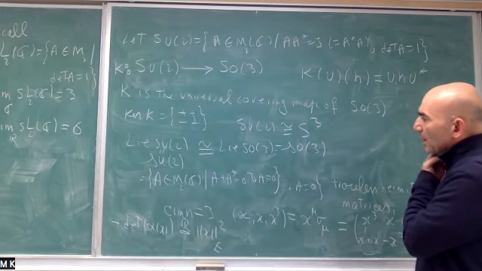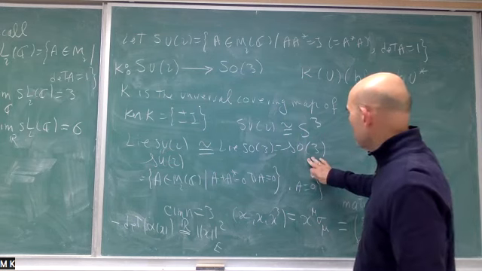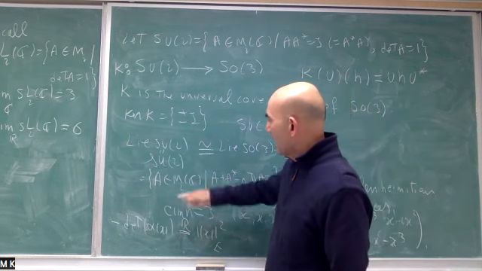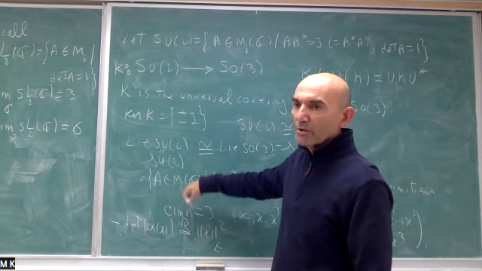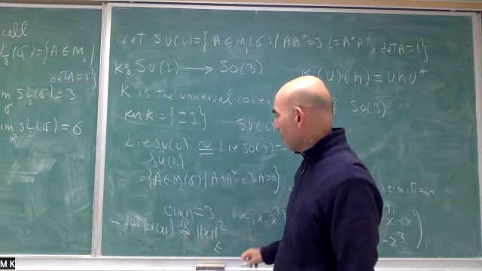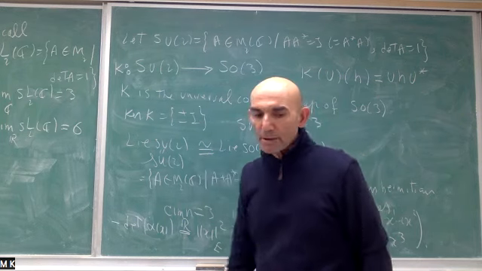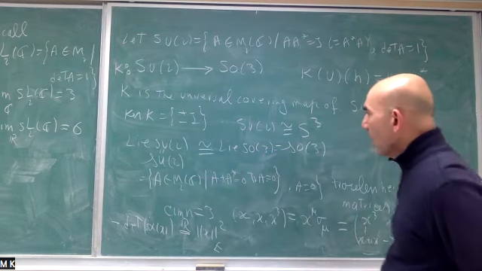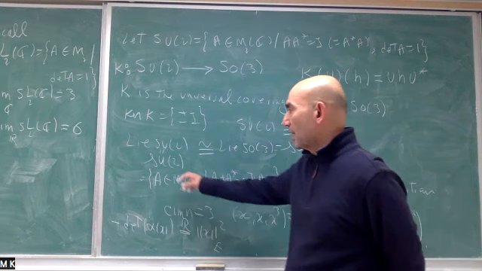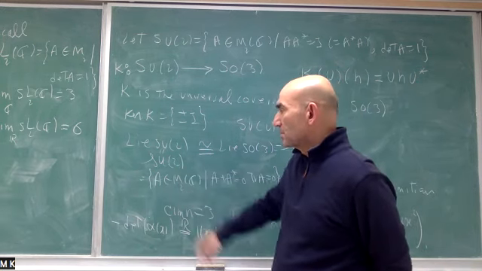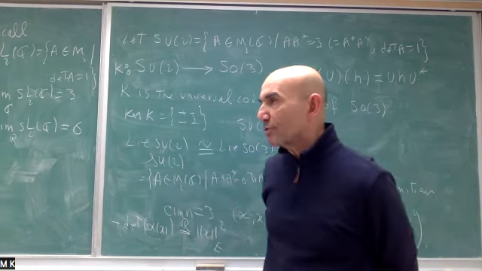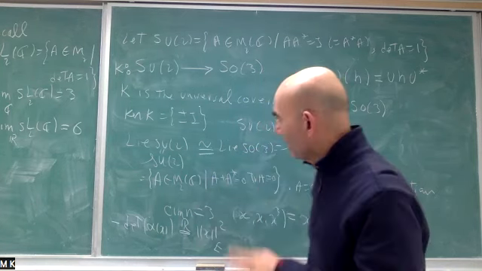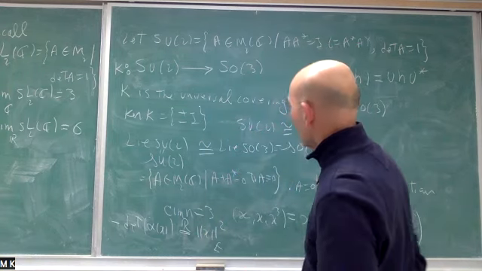If we complexify this, because we are interested in complex representations, something very interesting appears. If you complexify as a complex Lie algebra, this is the same as the Lie algebra of SL2C as a complex Lie group. So there is a little bit of confusing isomorphism going on here.